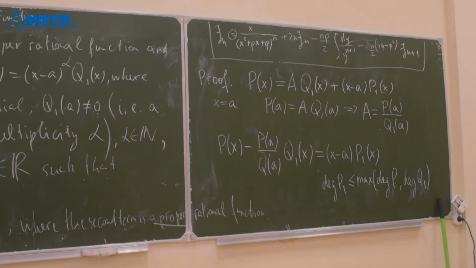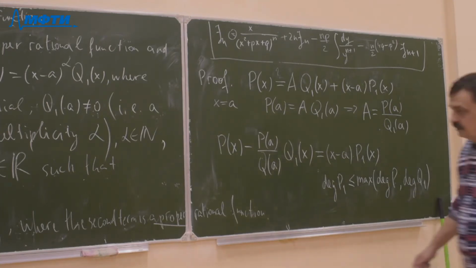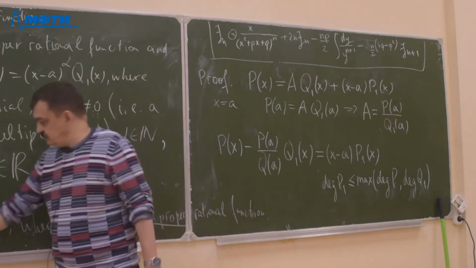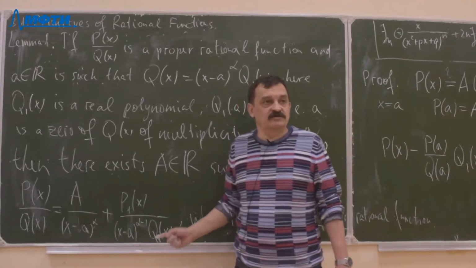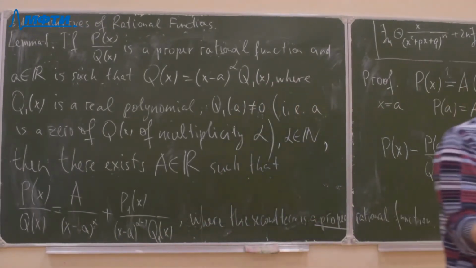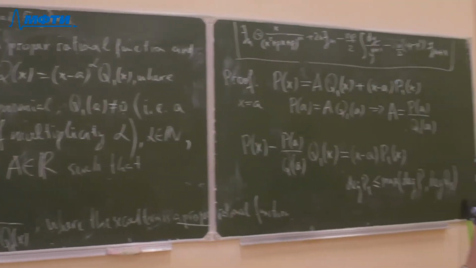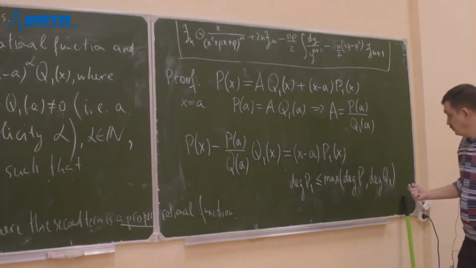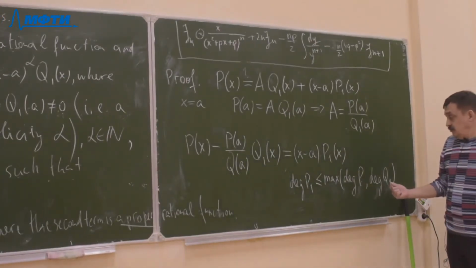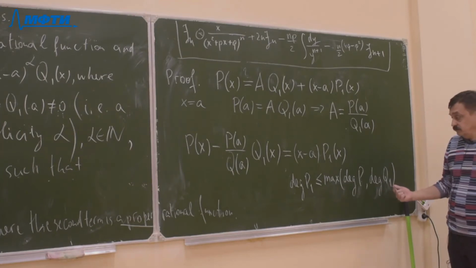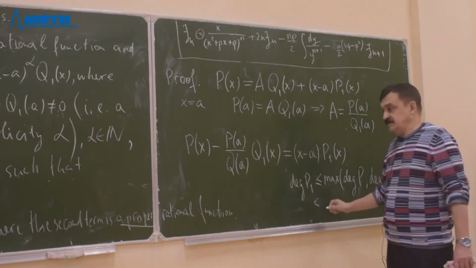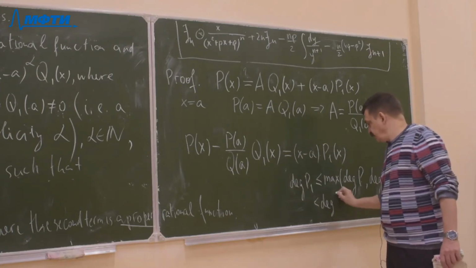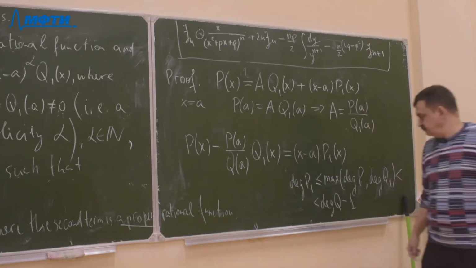And then, if you look here, what is degree of denominator? Degree of denominator is degree of Q minus 1, right? So that is strictly less than degree of Q minus 1.